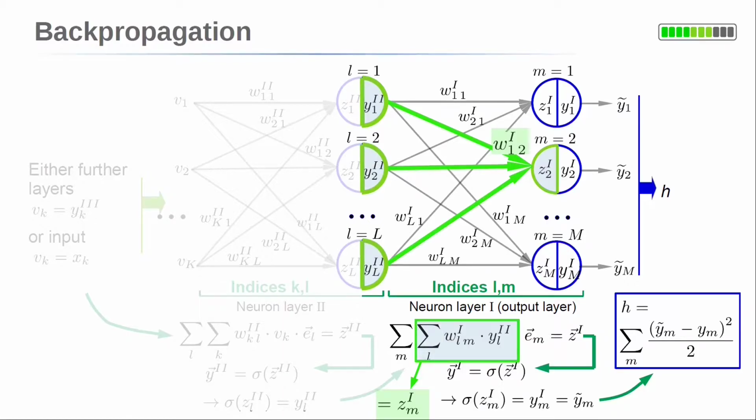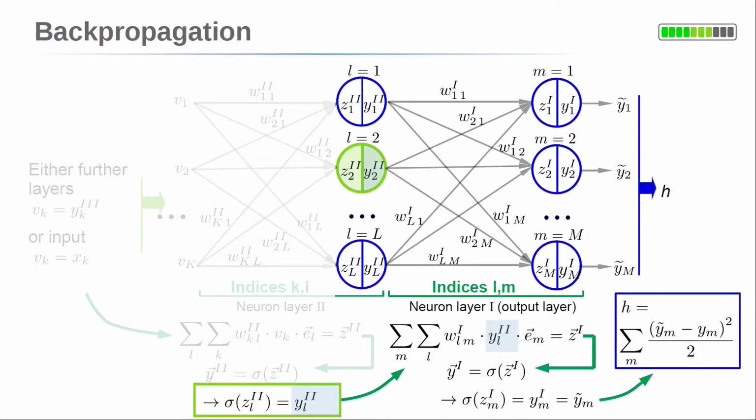The sum of all inputs to the output layer, y_l of layer 2, times the corresponding weights w_lm of layer 1 is the summation at the mth neuron of the output layer. This summation starts at l equals 0 to include a bias term w_0m of layer 1. Note that by definition y_0 of layer 2 is 1.